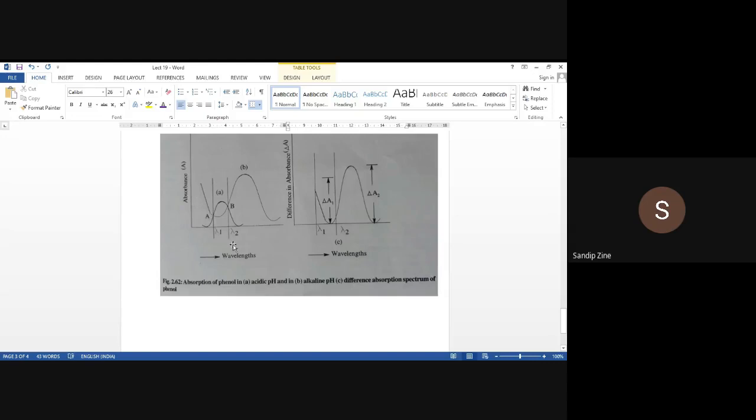This is the first graph, the normal spectrum, with A on the axis, and wavelength 1 and wavelength 2.